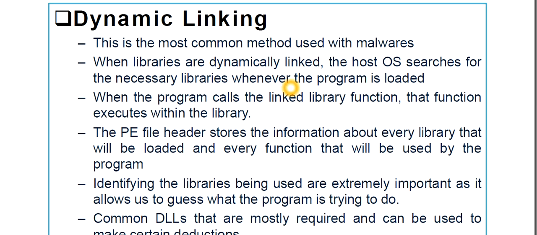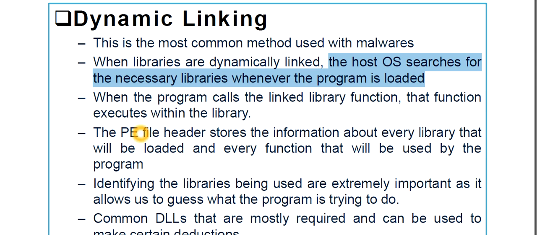Now we have dynamic linking, and this is the most common method used for malware. When libraries are dynamically linked, the host operating system searches for the necessary libraries whenever the program is loaded. When the program calls the linked library function, that function executes within the library.